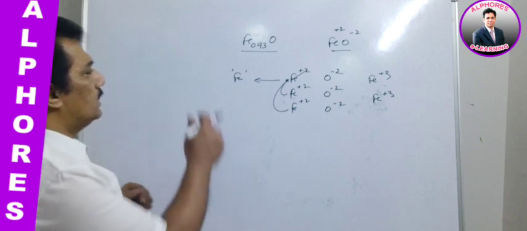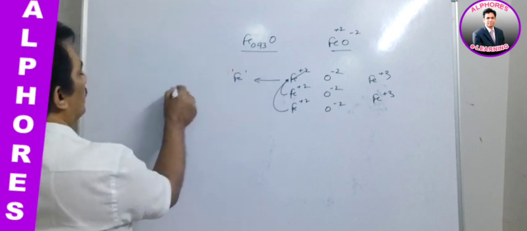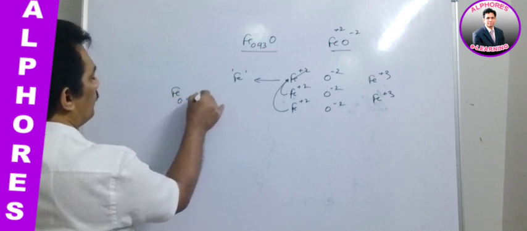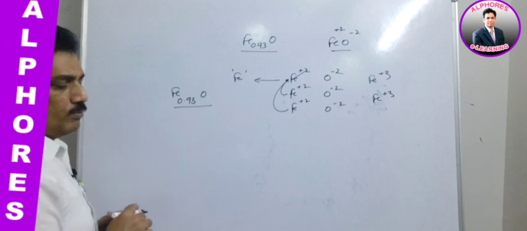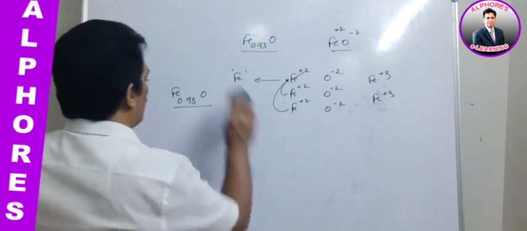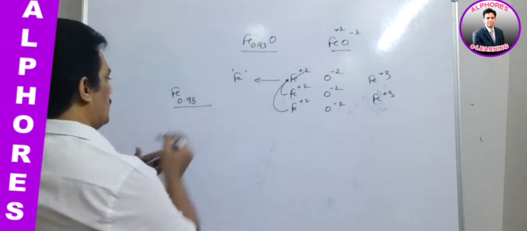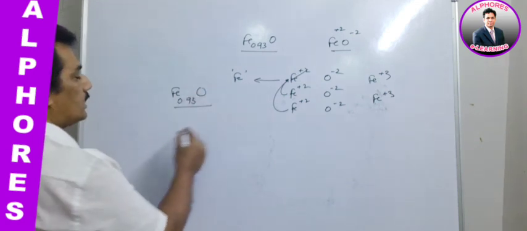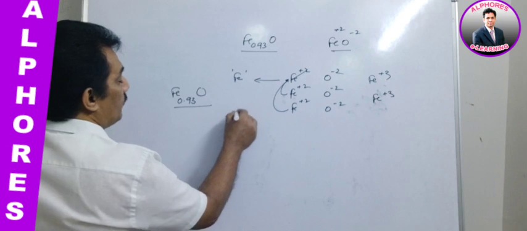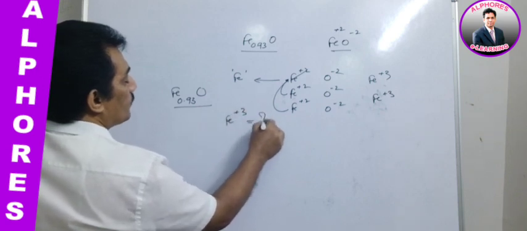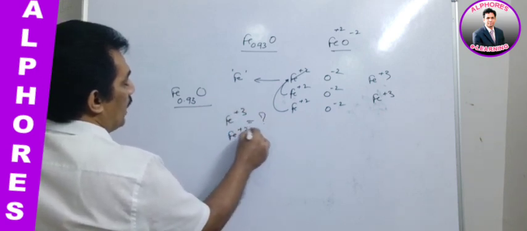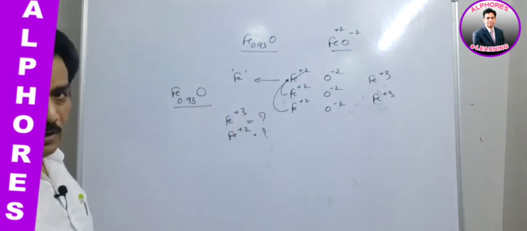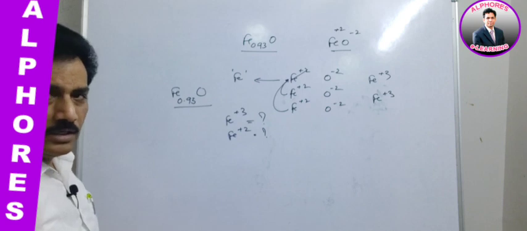And now the question is, in Fe0.93O, this non-stoichiometric iron oxide, not ferric, not ferrous, just iron oxide, they are asking for the number of Fe+3 ions and Fe+2 ions. That is the question they are asking. Are you understanding the question?